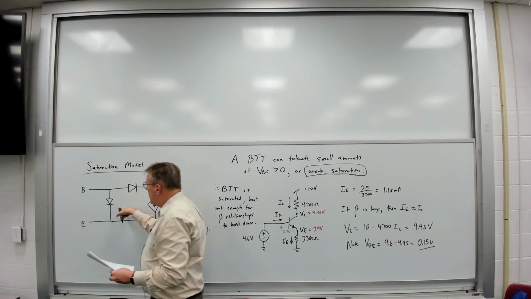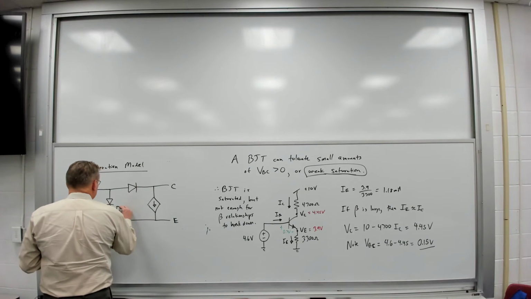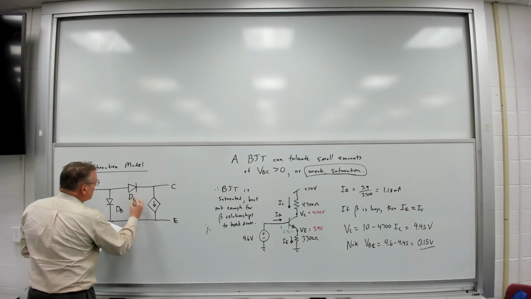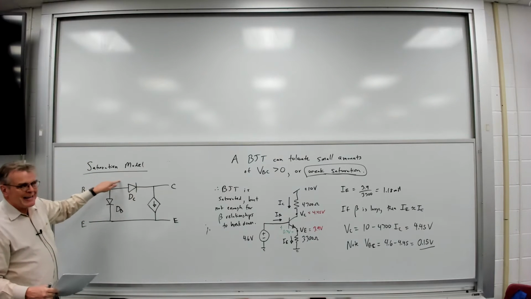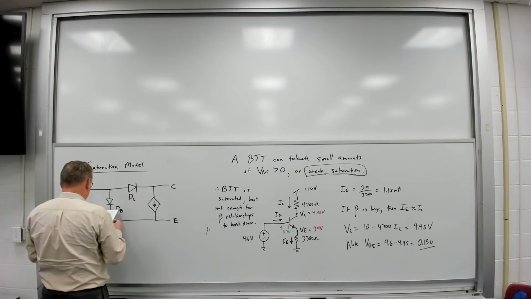So we have this diode that represents the base emitter junction. Call that D sub B. We'll also have the diode that represents the forward biased base collector junction. Call this D sub C.